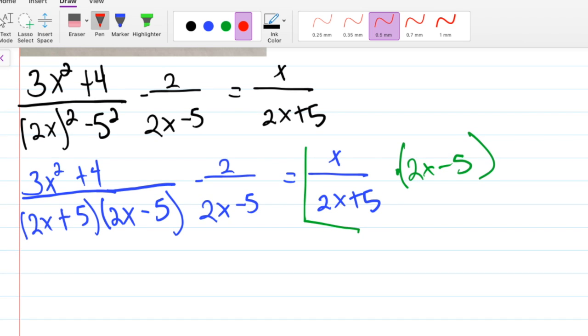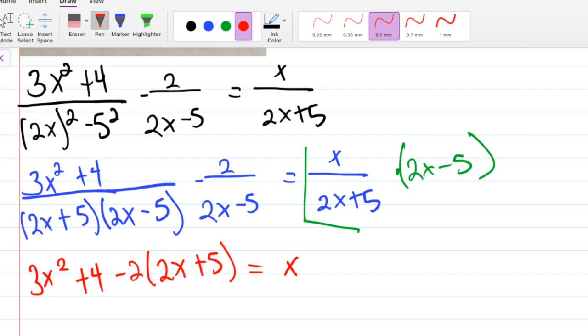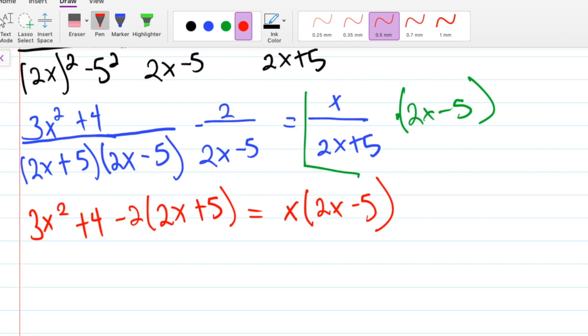We have 3x squared, and this is going to get rid of the denominator entirely. 3x squared plus 4 minus 2. And like I said, we're multiplying by the least common denominator, 2x plus 5, equals 2x minus 5.